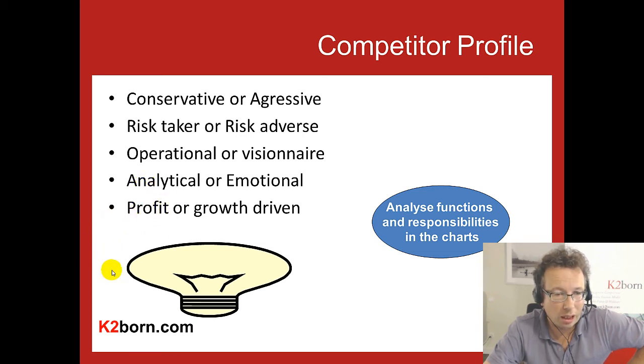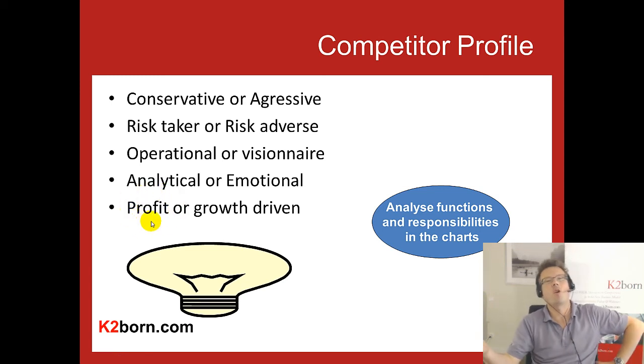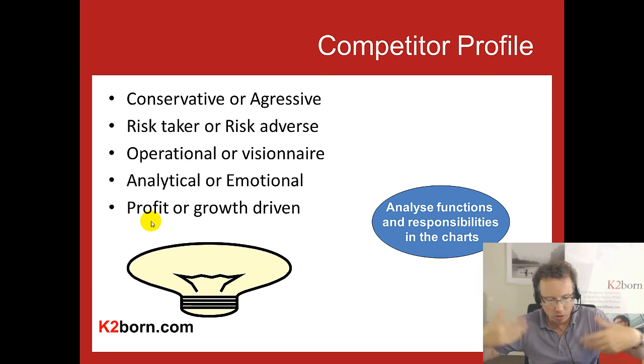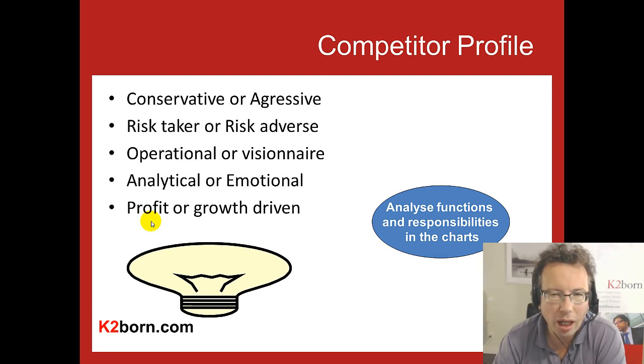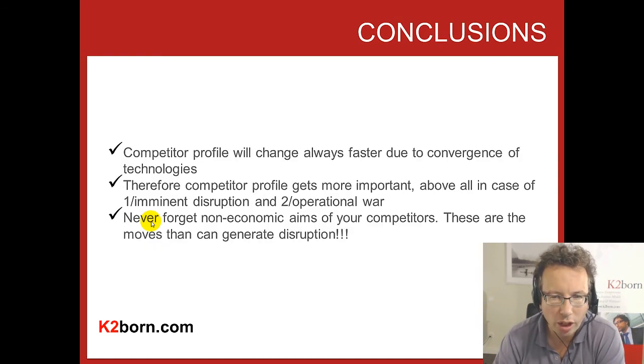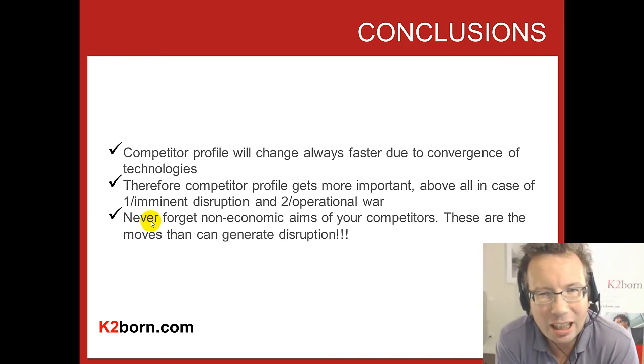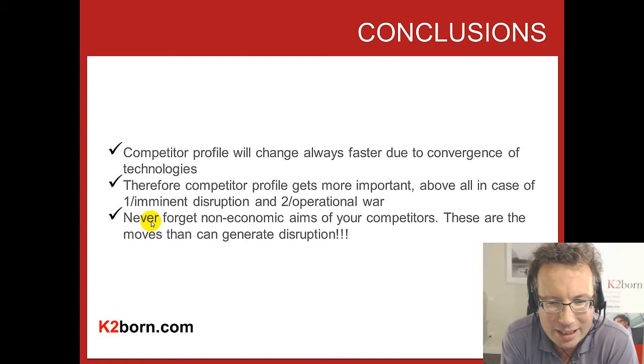The analytical one is much more profit driven, and this is the reason why you got more than 40 billion in profit. Meanwhile, Jobs was just trying to find some new device that would be able to grow, creating a new generation of products. Okay, so it's really a fascinating story.